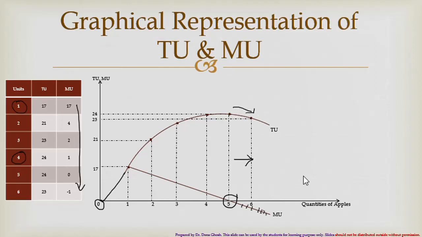Remember, in this example we have used the commodity ice cream, not apple. But the same thing will happen. There is no change in the entire concept if we change the commodity. So here also we will cut it and write it as ice cream.